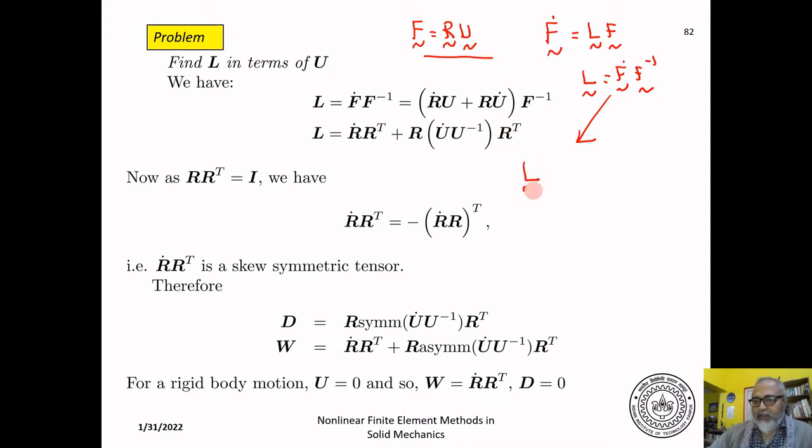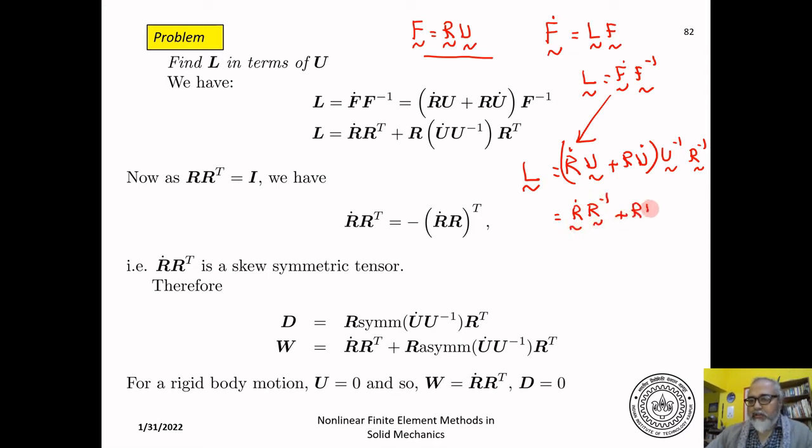So write L as F dot, which is of course R dot U plus R U dot, and F inverse is U inverse R inverse. Do the multiplication. You have R dot U U inverse R inverse plus R U dot U inverse R inverse.